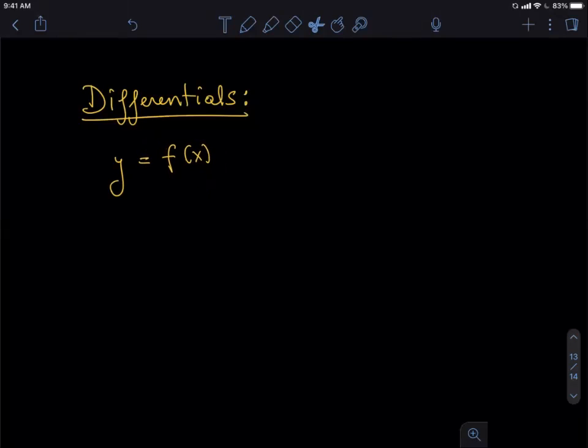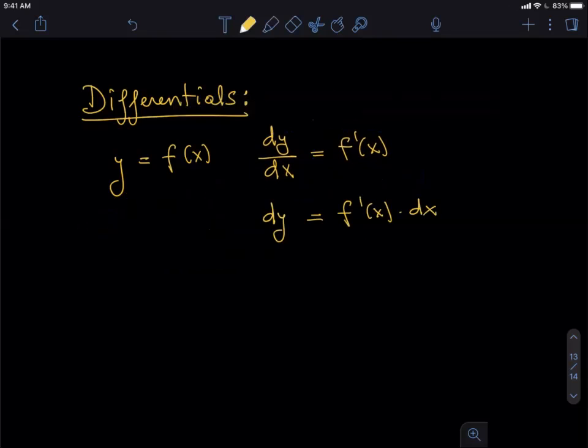And then we know that the derivative is dy dx equal f prime of x. Okay, and now this is the derivative, the way we are used to seeing it. And now I'm going to do something that is going to look a little strange. I'm going to write the differential dy that is defined as f prime of x times dx.